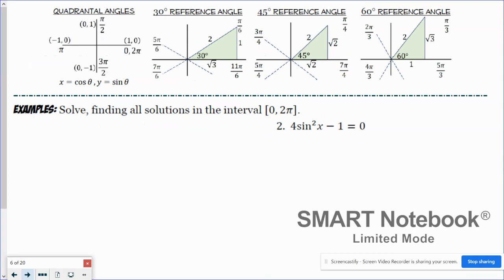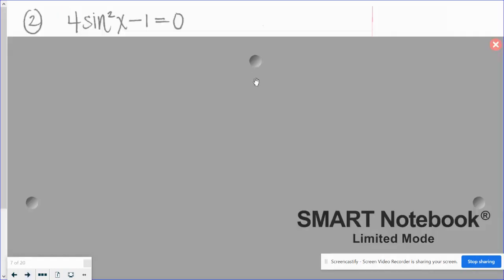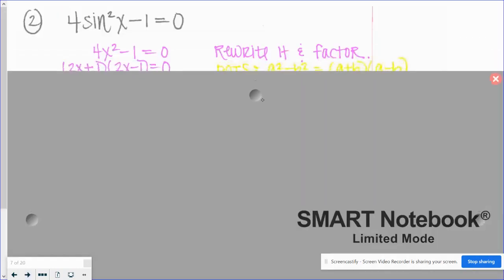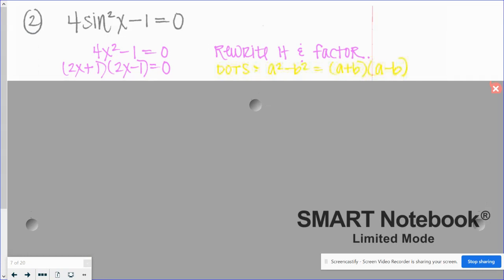So problem number 2, this is a special factoring problem for 4 sine squared x minus 1 equals 0. And so you'll notice that I factored it because it's a difference of two squares. So the first term and the last term are both perfect squares, and these can be factored where a squared minus b squared becomes a plus b, a minus b.